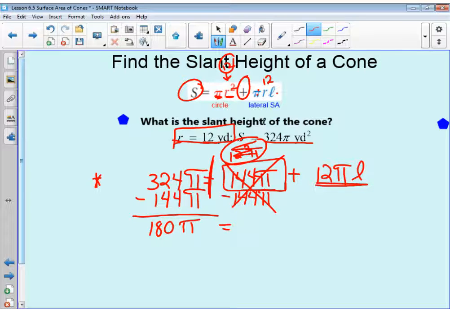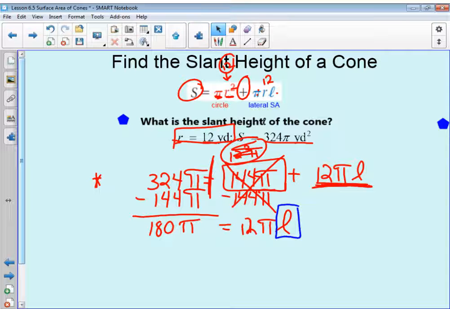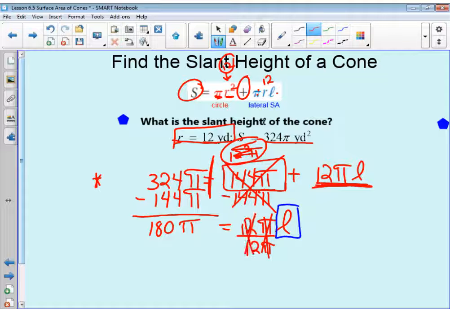And then on the other side of my equal sign, I still have 12 pi times L. I want to work to get L by itself. So this needs to stay. How do I get rid of those things that are multiplying in that same set? I divide by those. So I'm going to divide by 12 pi. Pi's gone, 12's gone.